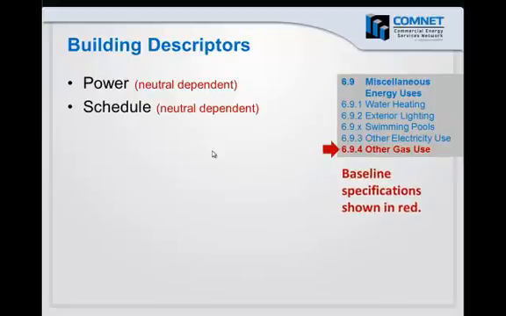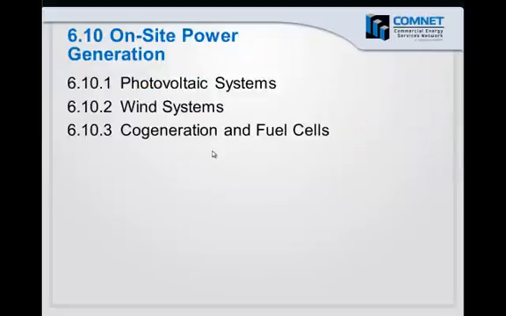So let's move on to on-site power generation. There are three types of systems laid out in COMNET: PV systems, wind, and cogeneration or fuel cells, what's becoming known as CHP, or combined heat and power.